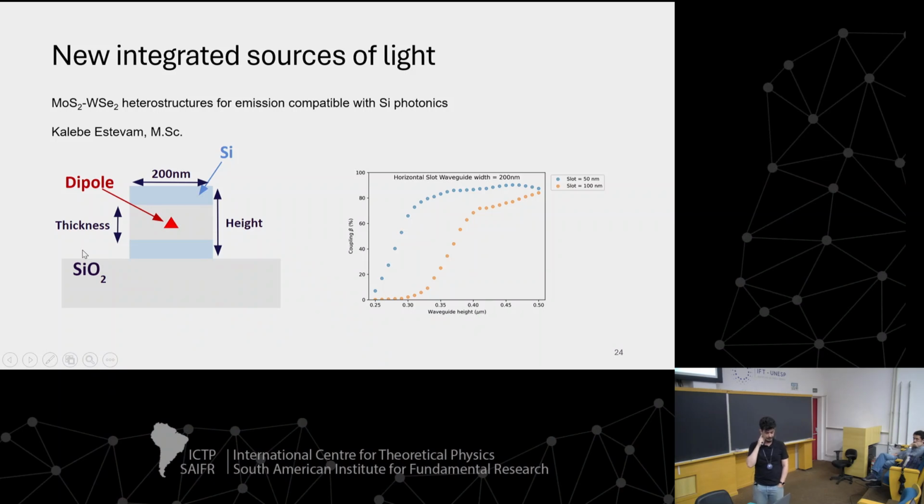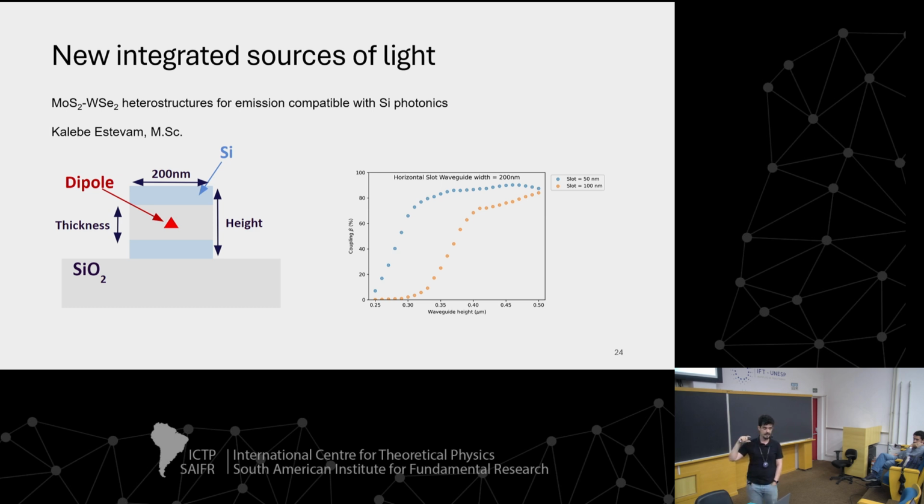And we found that this specific structure also gives you a very high Purcell factor, above 10, which is comparable to the optical cavities that people use in that commercial single photon source. Maybe even better.